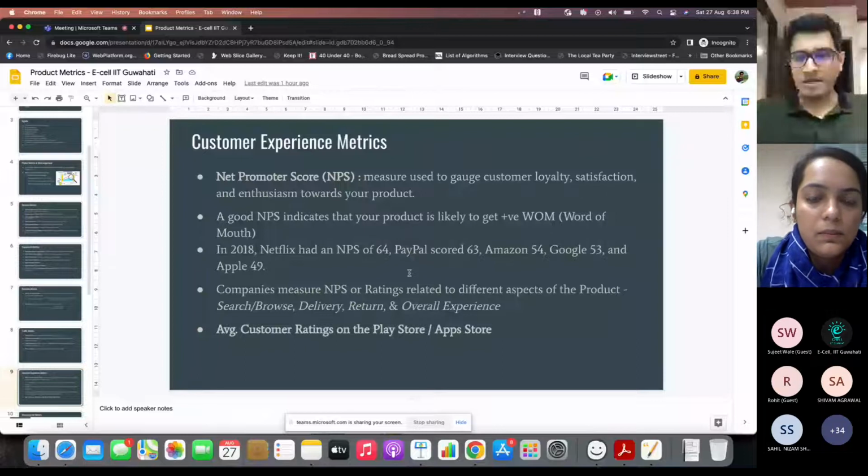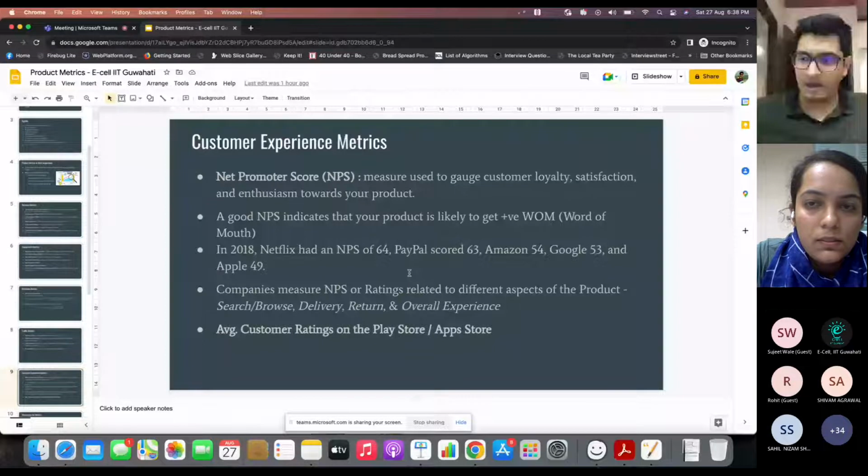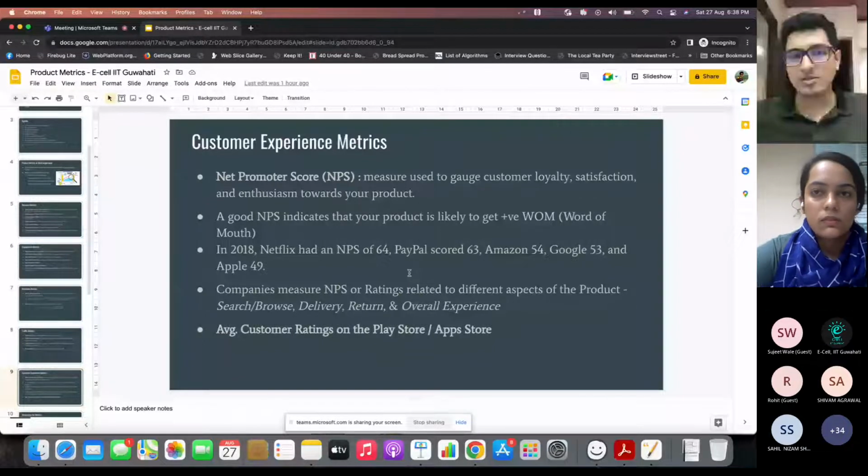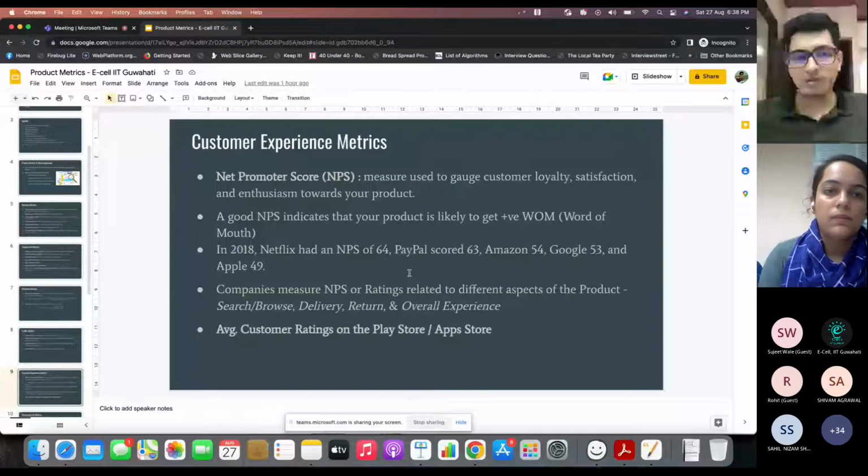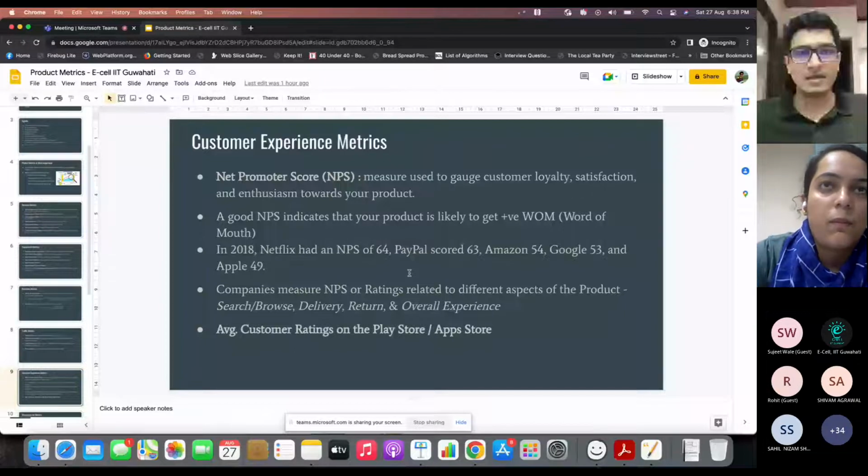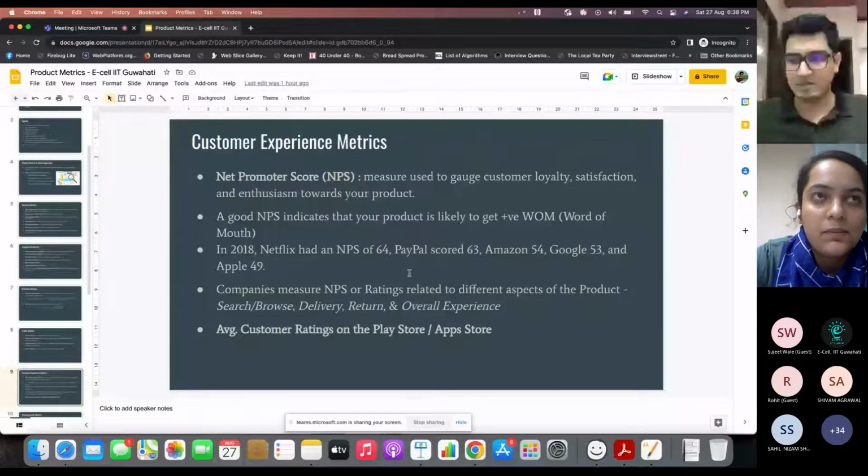And it's not just the number that matters. In NPS surveys, a lot of companies would also ask you for detailed feedback: if you rated 5, what were the aspects that led you to rate us 5? Was it product selection, product discovery, app experience, offers, payments, delivery?